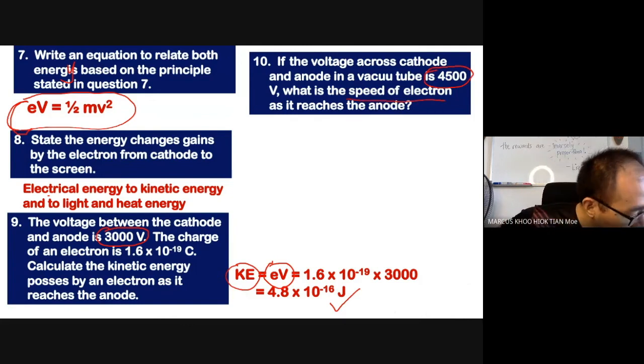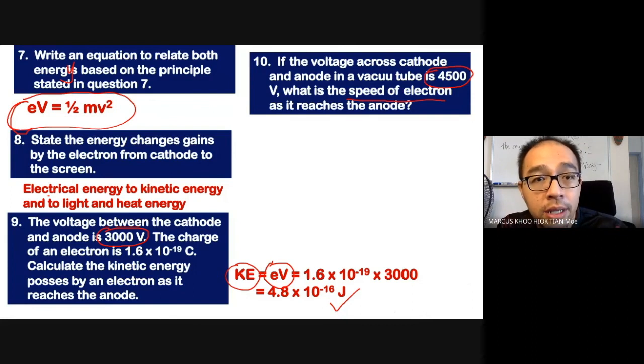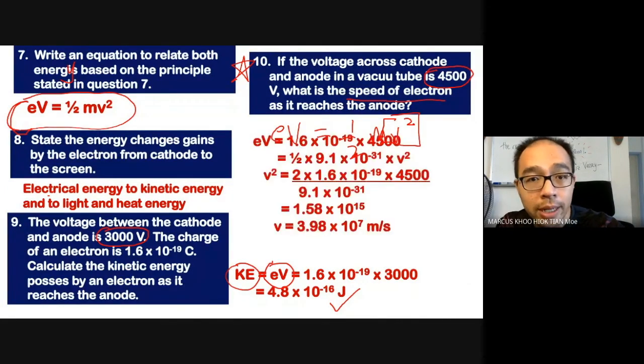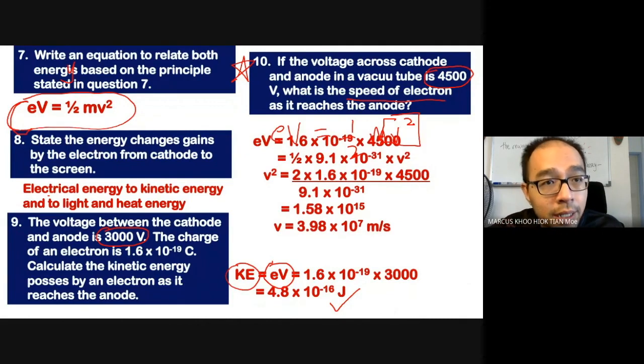Okay, so this one, this is a very typical question. We have to assume, again, the same formula, EV equals to half mv squared, v small. And this is what we want to count: what is the speed of the electron when it reaches the anode, v. So what happens is we will get this. We calculate EV, and then we make it the same as half mv squared.